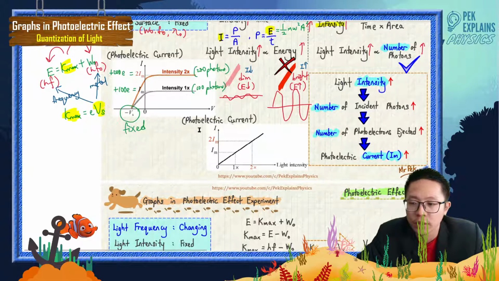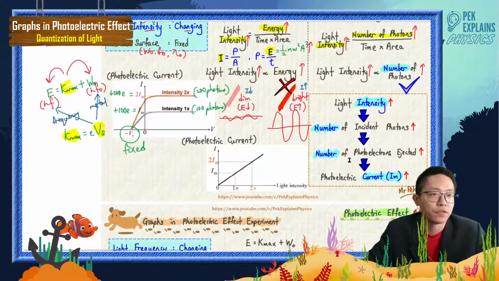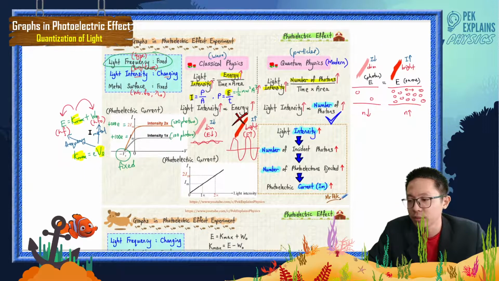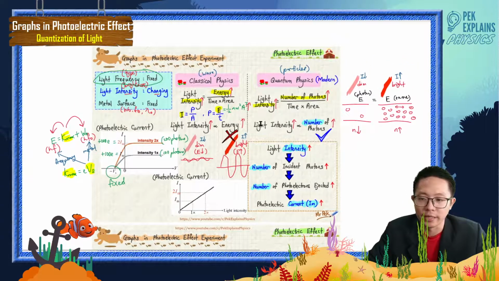So the current is proportional to the intensity. That's it for this video. Let's continue to the next one about the frequency and the work function, and how they affect the stopping potential.